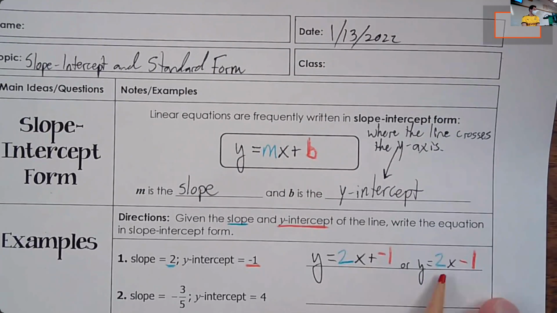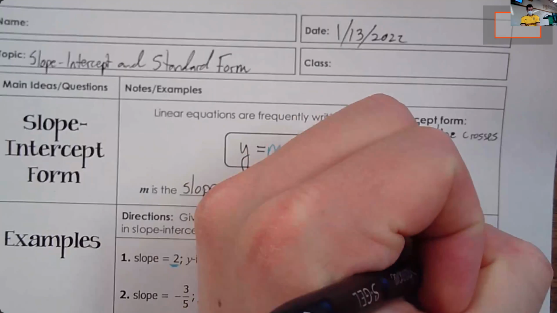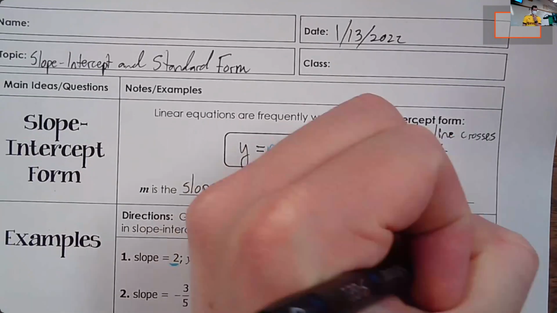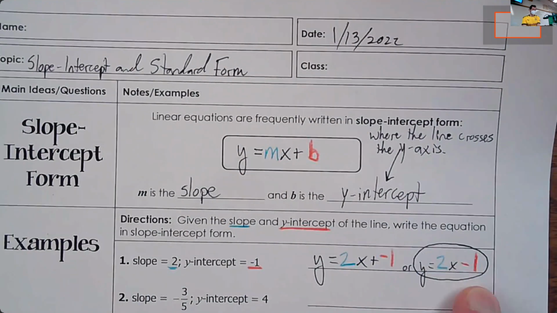Plus and negative and minus mean the exact same thing mathematically. So chances are this is the one that you will see when you are presented with an actual equation. When it gives you the equation and you graph it, it'll look like this. And so you'd say, all right, my slope is 2 and my y-intercept is -1. If this is a plus and it's just a number after that, that means that the y-intercept is a positive number.